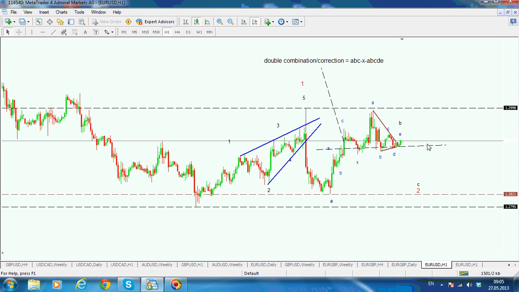I don't really like this head and shoulders because on the right shoulder, the consolidation pattern looks to be a bit different than on the left shoulder. But nevertheless, this spike here to the upside and to the downside resembles the head of a head and shoulders. So why not?